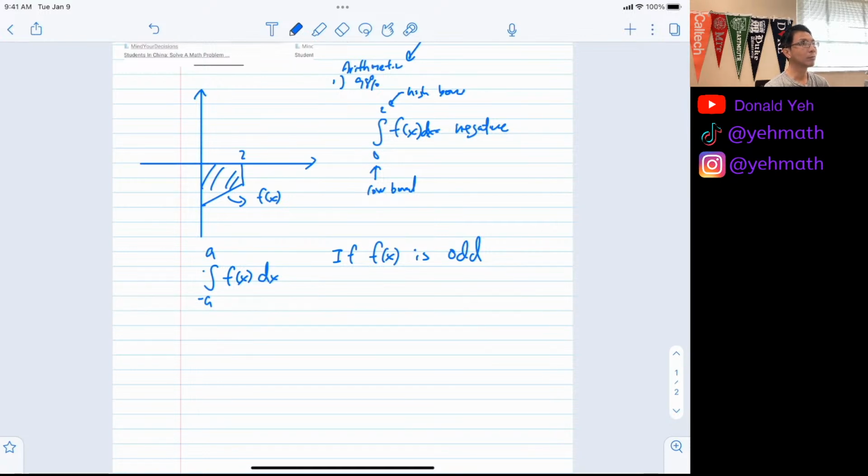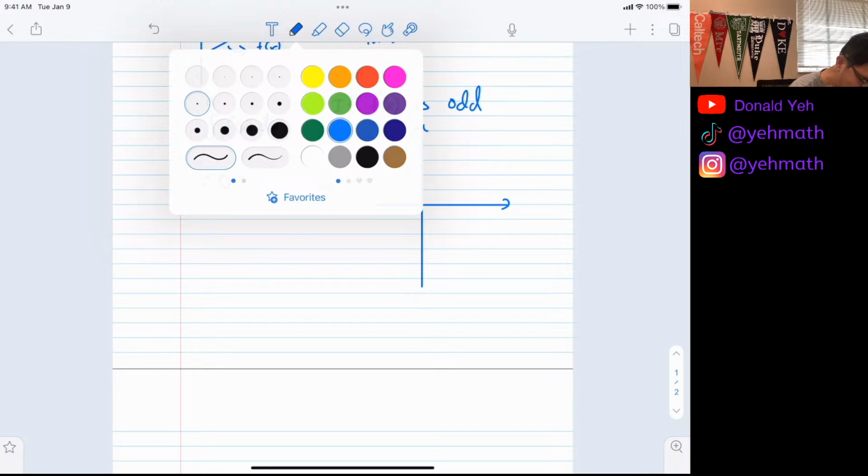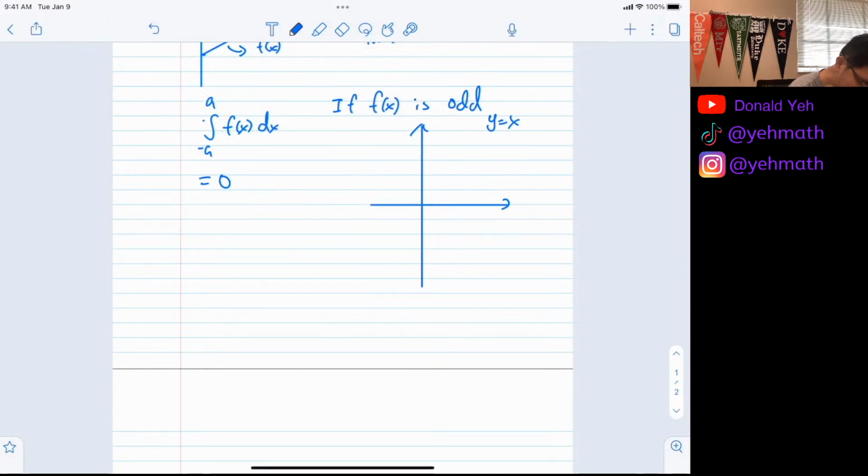Because the area above the curve and under it is the same. You are absolutely right. Imagine I have the graph of x cubed. We don't even need to think about x cubed, just think about y equals x. It's going to look something like this. Say this is a, a positive region, and this is negative b, a negative region.